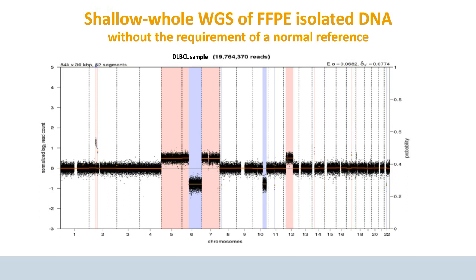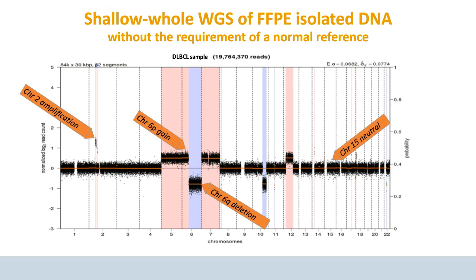And the gains and losses are furthermore in red. Oh, here's my arrow, sorry. Very good, let's continue. We see on chromosome 2 a very high level amplification.